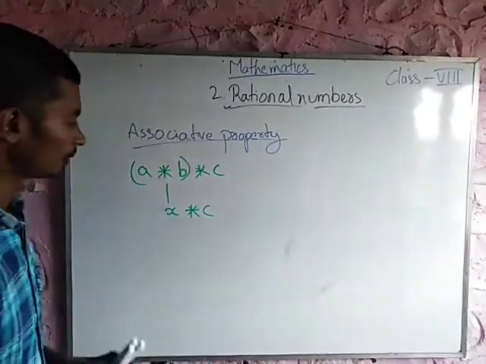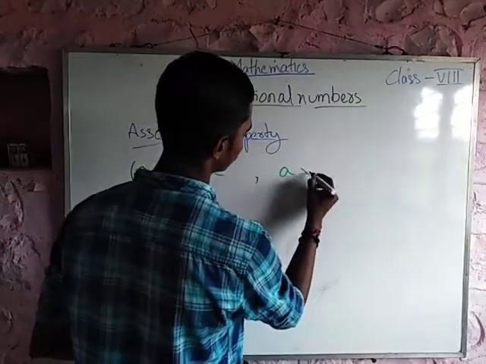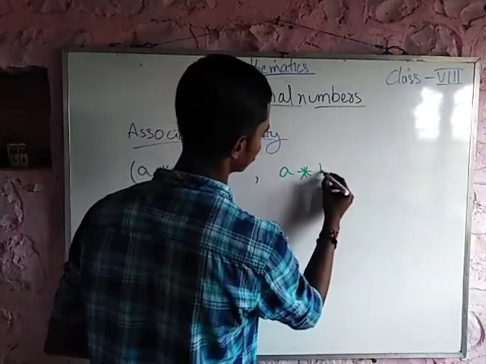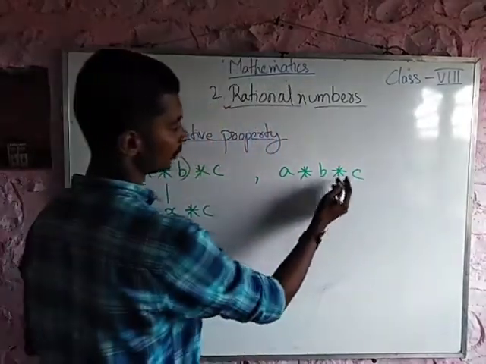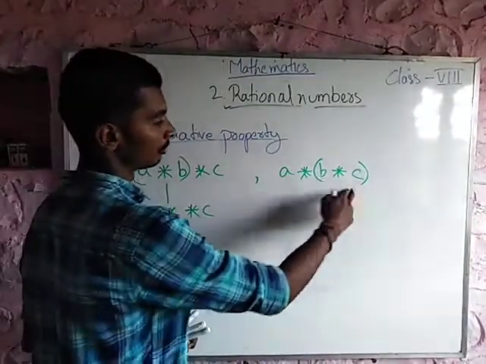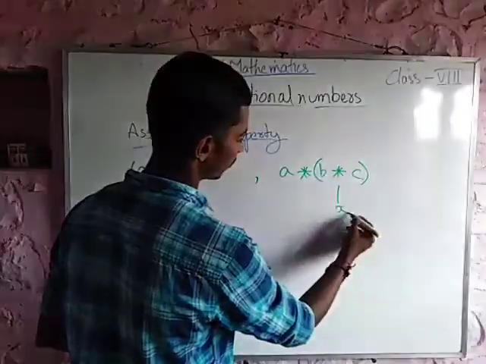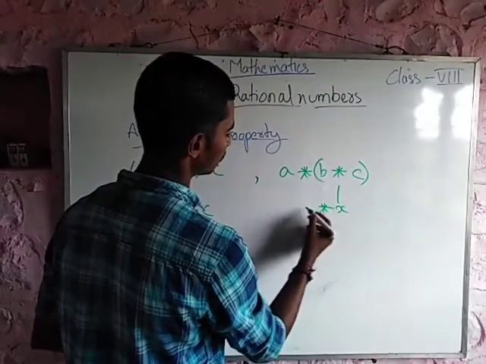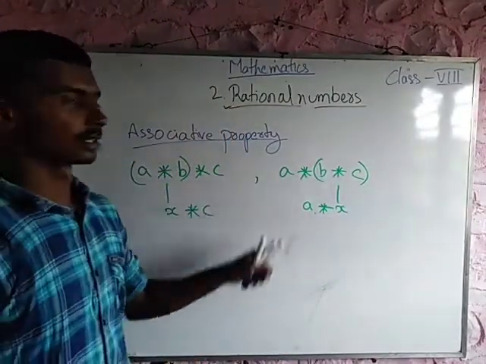Okay, this is one way of doing. The other way is we will operate this for the second two numbers, that is B and C, second and third numbers, and the result is operated with the first number. Okay, this is one way and this is the other way.